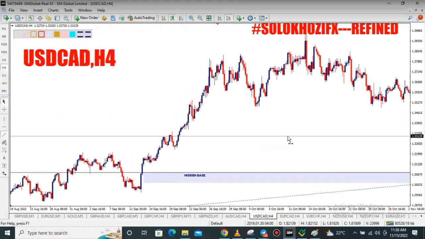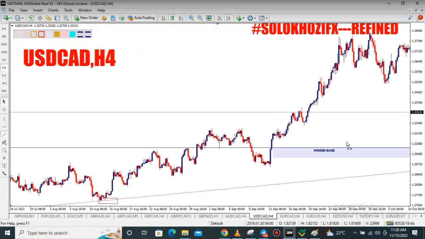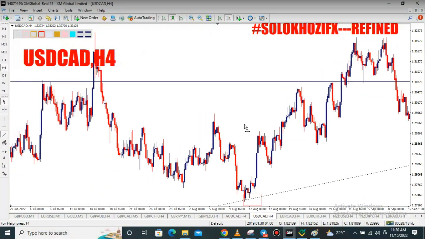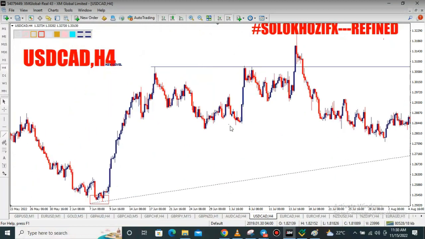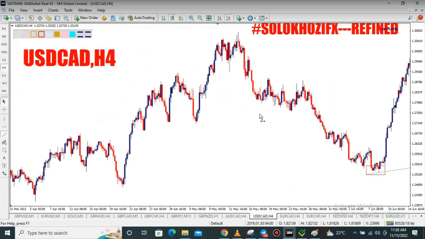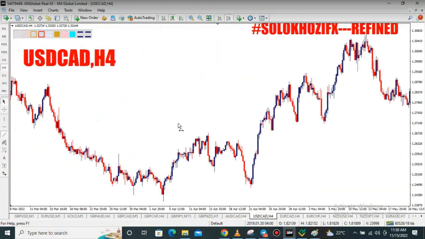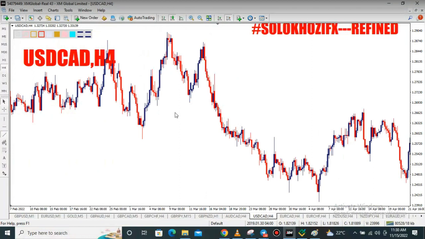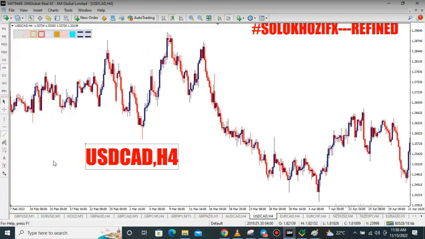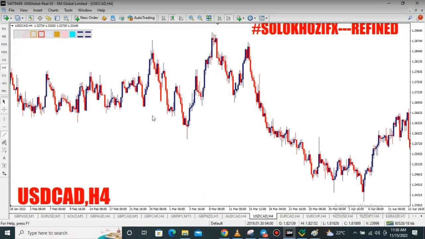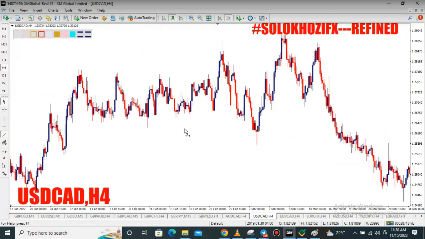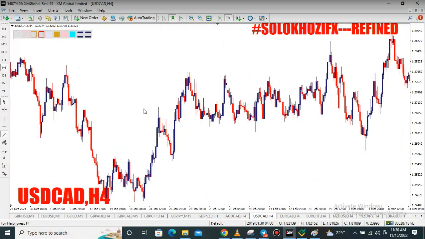Finishing off in type 2. Even here, we also look for them around our supply zones or demand zones. The same thing applies. For the buying mode, it's vice versa. When we're looking for sells, it's two red candles. When we're looking for buys, it will be two blue candles on your demand zones.